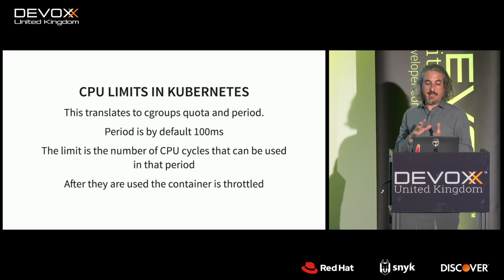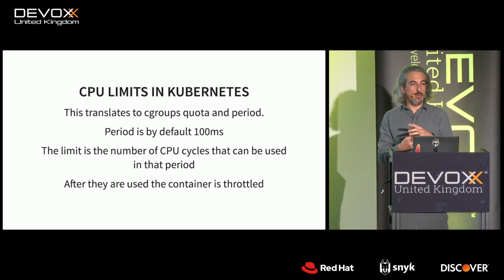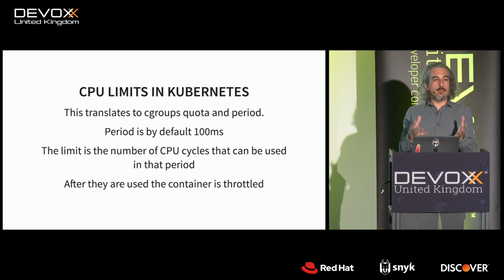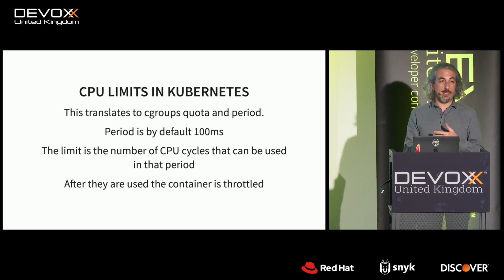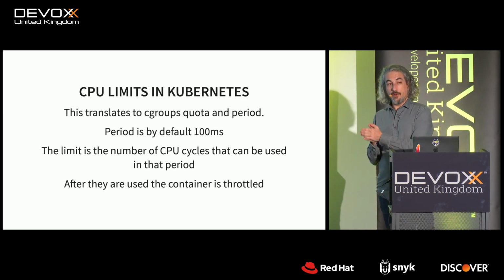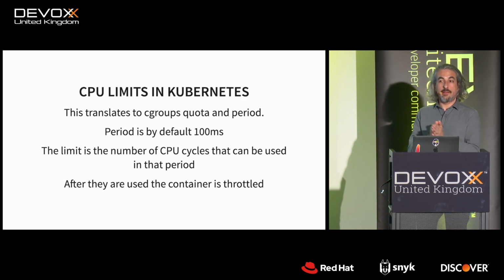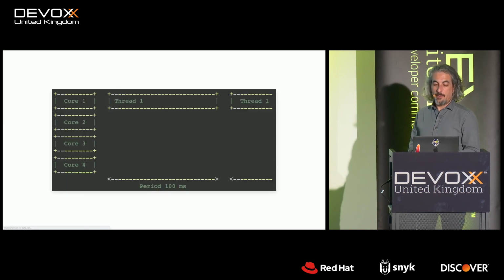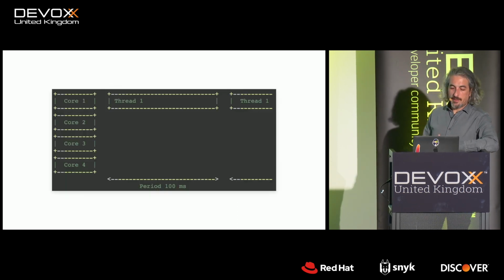So this translates to cgroups, quota, and period. The period by default is 100 milliseconds on the kernel, and the limit means how many CPU cycles you can use in that time. After you use your CPU time, you are throttled until the next period. I'm going to try to explain it better here.